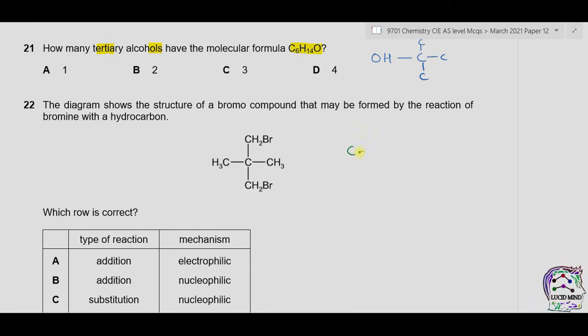We can have 5 carbon atoms in the long chain. OH functional group is present, and this carbon is directly attached with 3 carbon atoms. Now this is tertiary alcohol. Rest are the number of hydrogen atoms. Molecular formula is C6H14O.